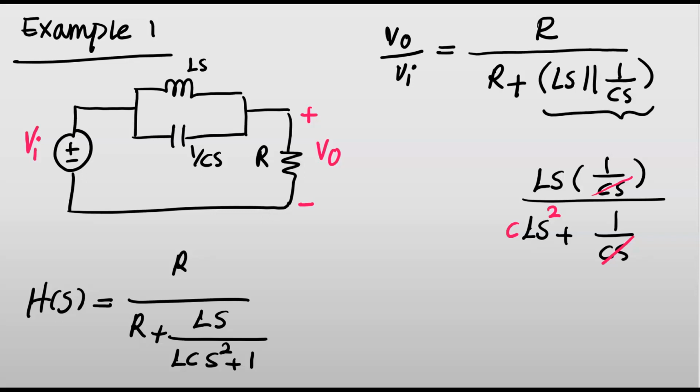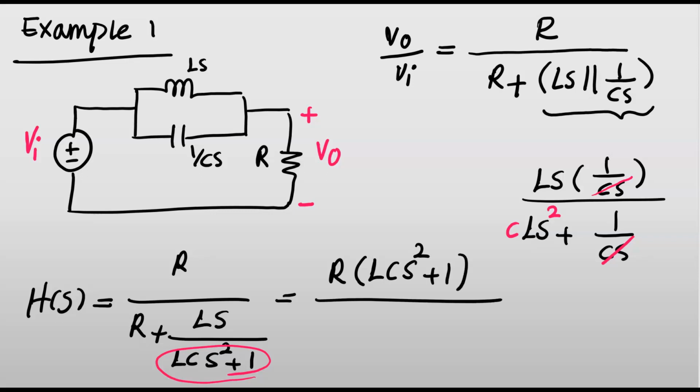Now I'm going to multiply both numerator and denominator by this term to get rid of this fraction. So I'm going to have R multiplied by LC S squared plus 1 divided by R multiplied by LC S squared plus 1 plus LS.